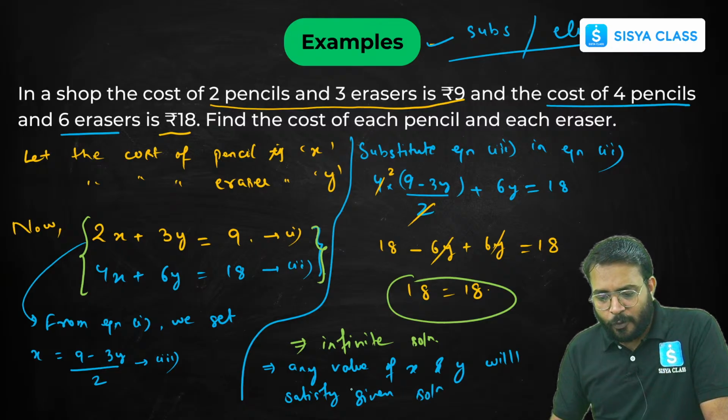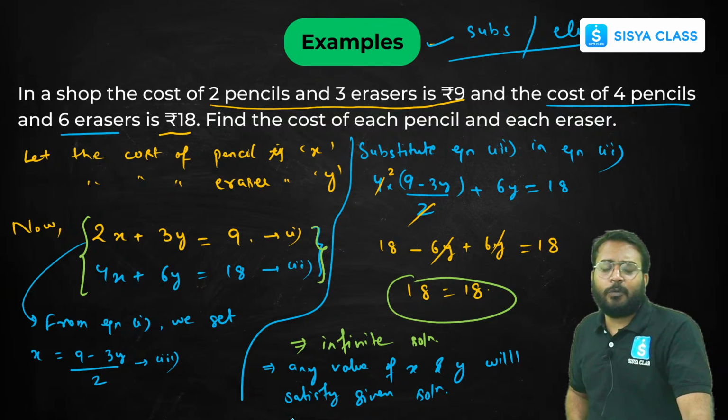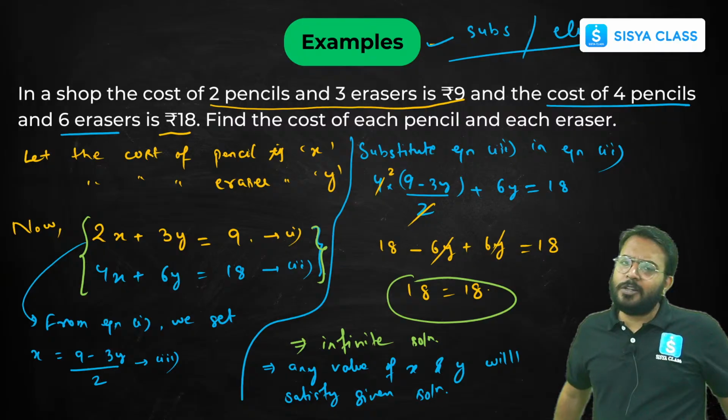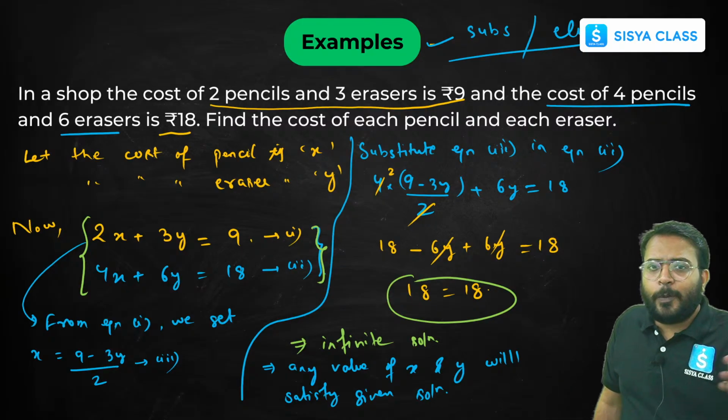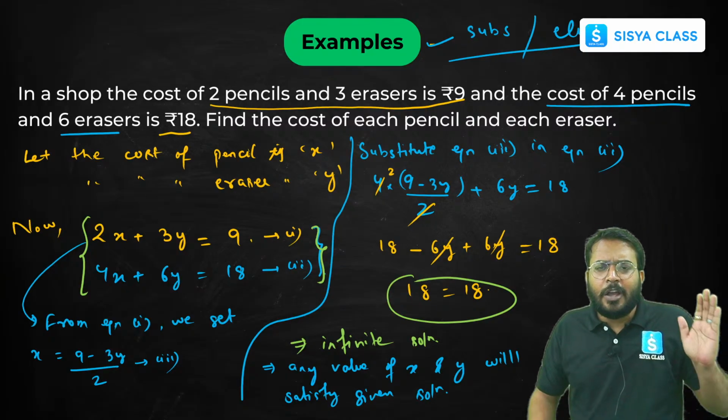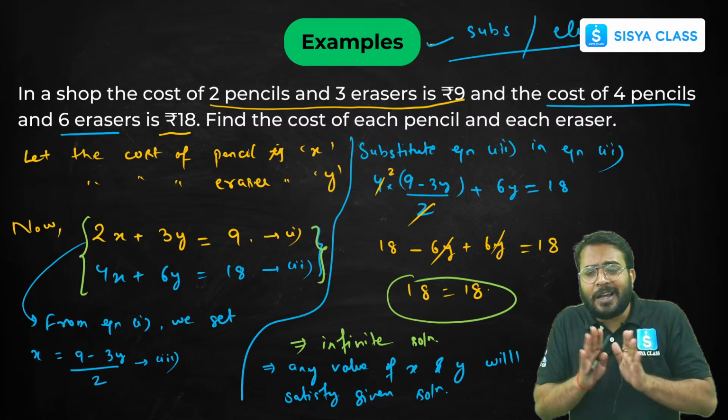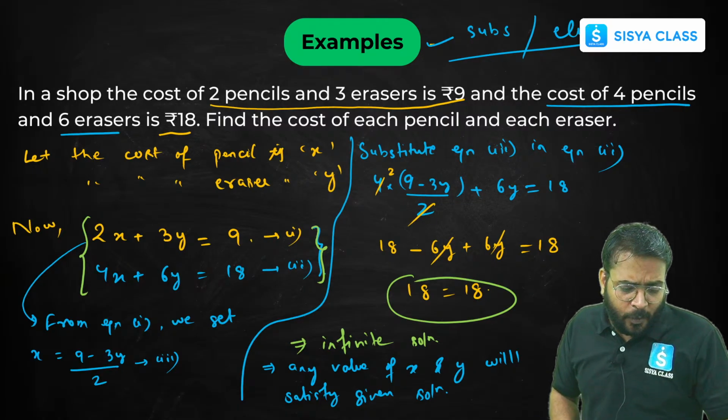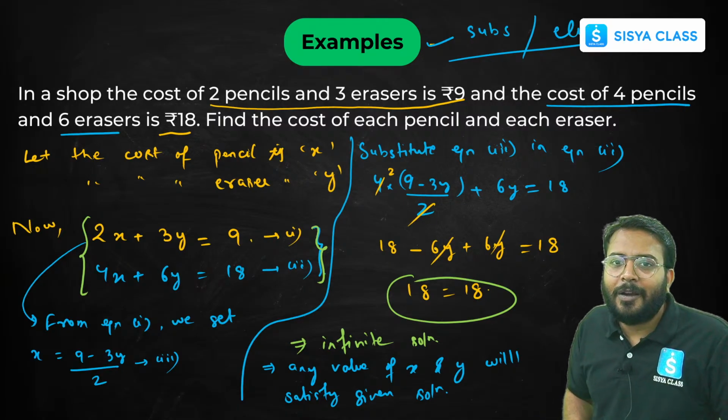So if you take x equal to 5, y equal to 4, it is going to satisfy. If you take x equal to 15, y equal to 20, it is going to satisfy. Any value of x and y will satisfy these two linear equations. Understood my point? Why? Because they are coinciding lines.